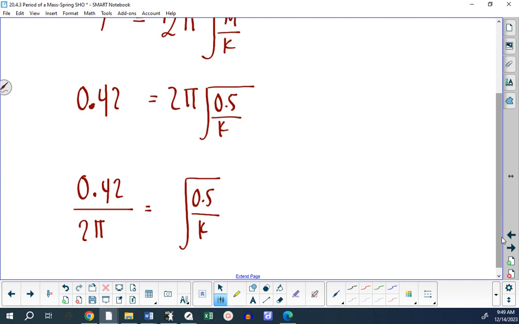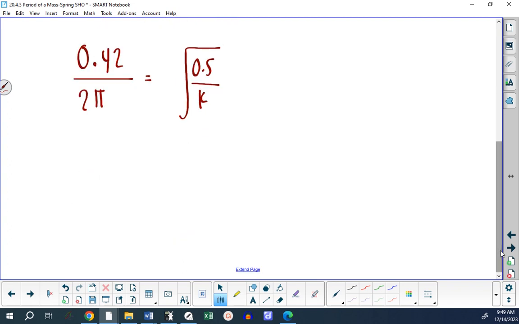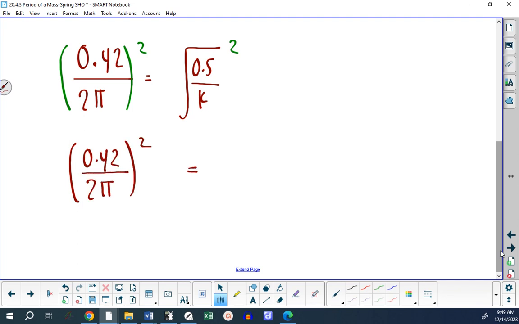And we haven't really worked with a formula like this before. You have a number of options. I suppose what you could do is just leave everything together here. You don't have to calculate what this is. I'm going to square both sides here. And what I'm going to have is 0.42 over 2 pi, squared, is equal to 0.5 over k.